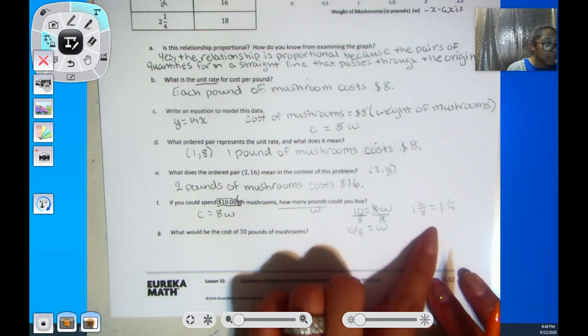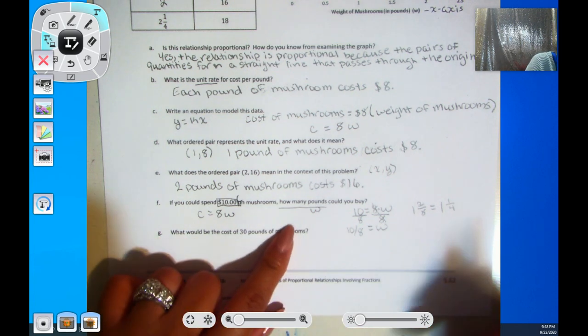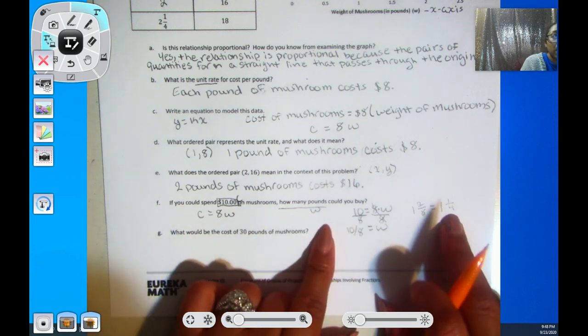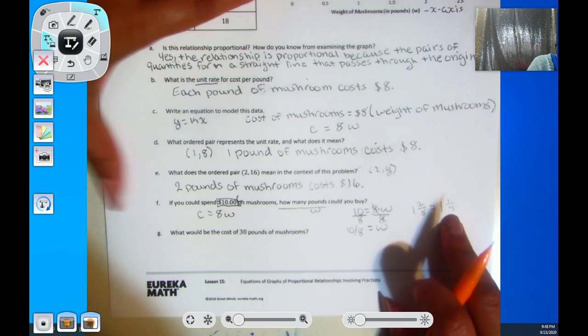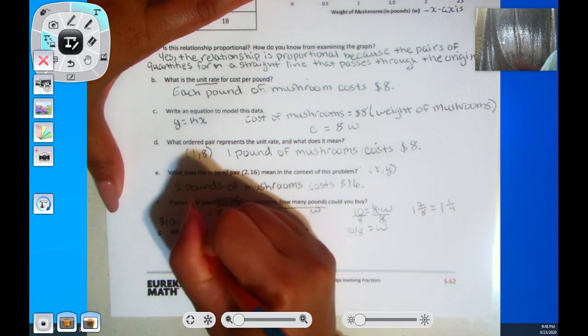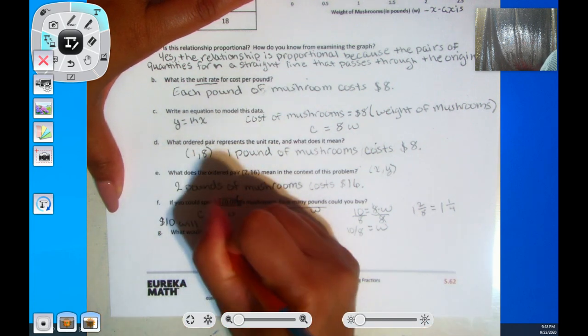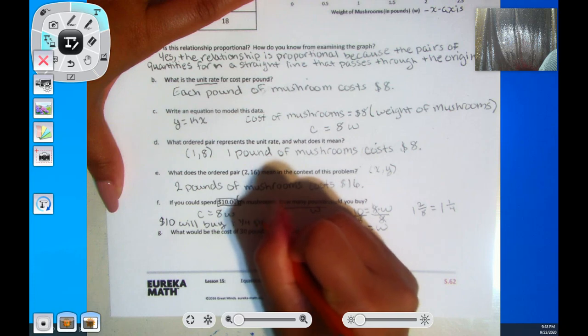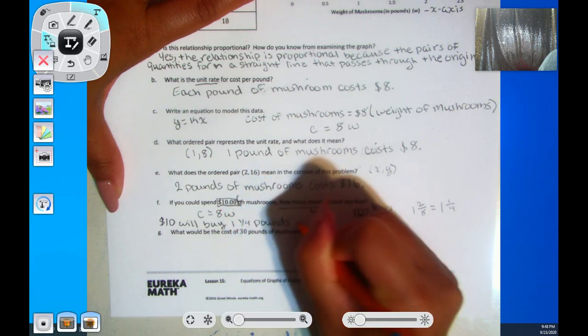And so what does this mean? It means that for $10, we can buy 1 and 1/4 pounds of mushrooms. So I'm going to write my smart statement. $10 will buy 1 and 1/4 pounds of mushrooms.